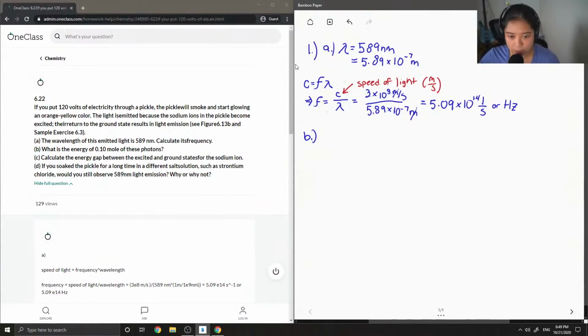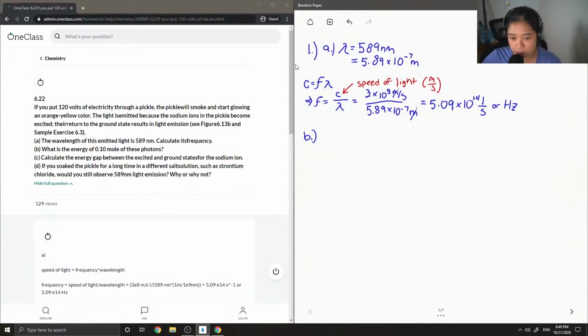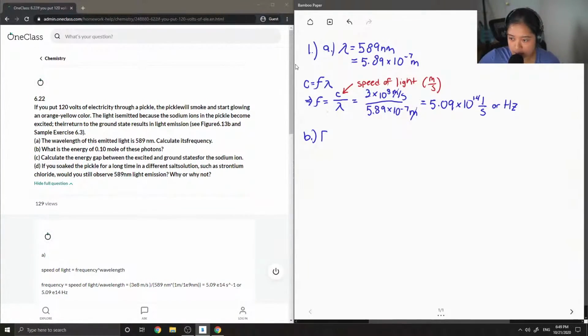Part B asks, what is the energy of 0.1 mole of these photons? So for this question, to calculate energy, it's going to be Planck's constant times f, which is what we calculated in the other question. But if you wanted to see what this equation looked like if we didn't calculate for it, it would be energy equals Planck's constant times the speed of light over wavelength.